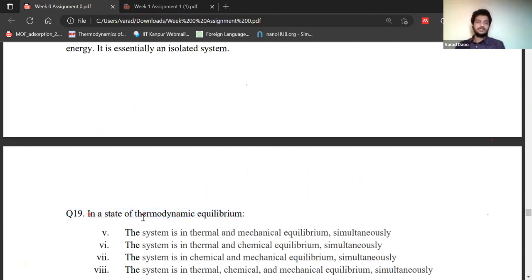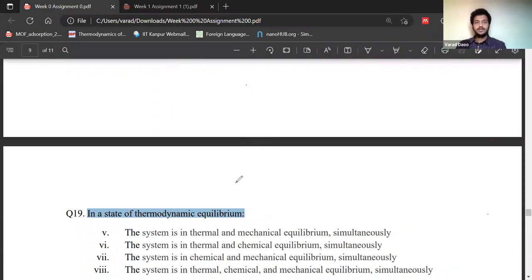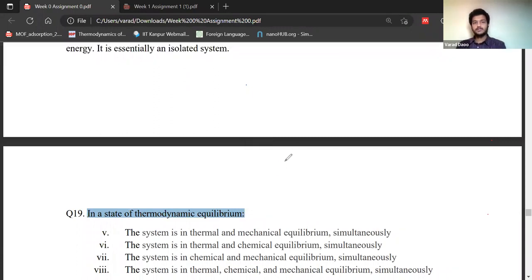Okay. So in a state of thermodynamic equilibrium, so this similar question I have already taken it. So let us understand what is thermodynamic equilibrium.